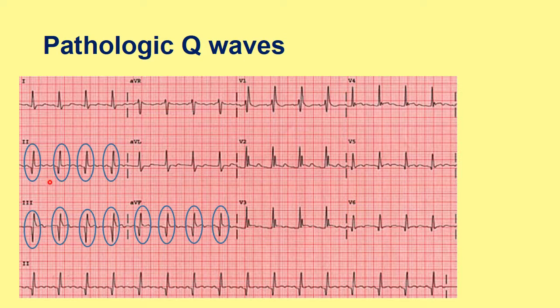You need at least 2 from the inferior leads, or at least 2 from the anterior leads, or at least 2 from the lateral leads for you to say there's an infarct in that part of the heart. So you need 2 leads to say that. If you notice there, that's actually not a Q wave. There's a bundle branch block. There's a wide QRS complex. There's actually a right bundle branch block. We'll talk about this in a future video.